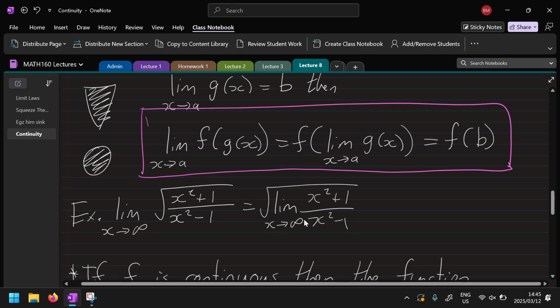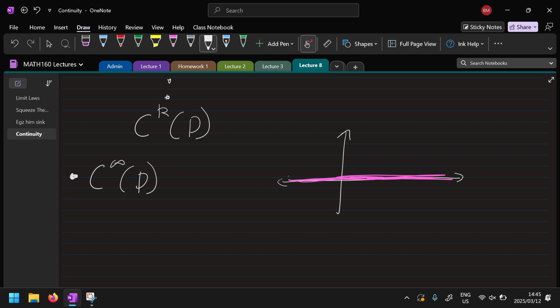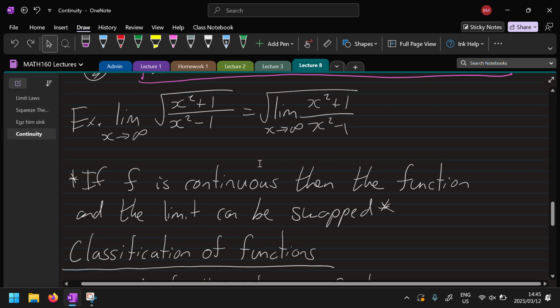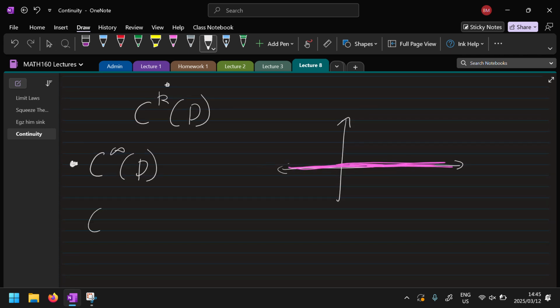Oh, good. Okay. So last bit here. Okay. So we got C0, C1, Ck, C infinity. These are all subsets of each other. So we won't be using this much this year. Next year, this will be important. Okay.